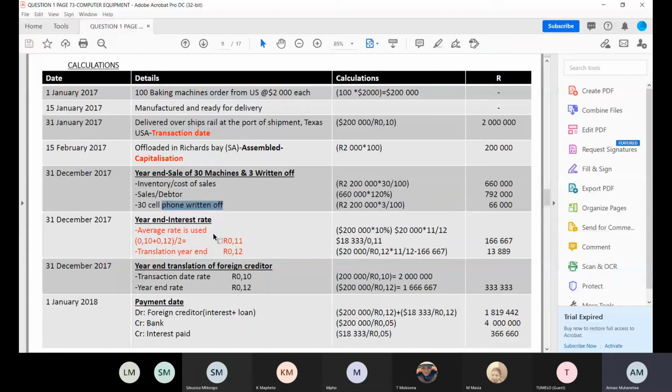So you take the 2, you add the 2, you divide by 2. It's going to give us an average rate of 0.11. This is the average rate we must use to calculate our interest.